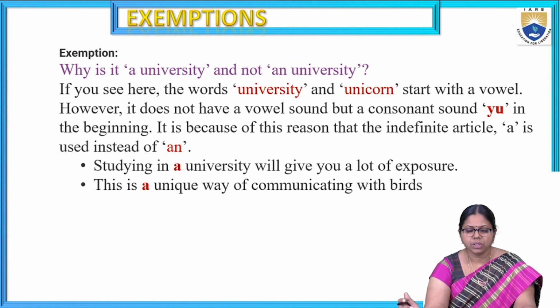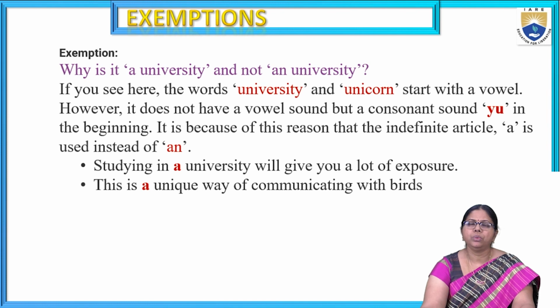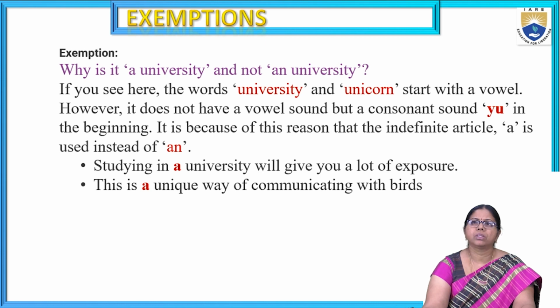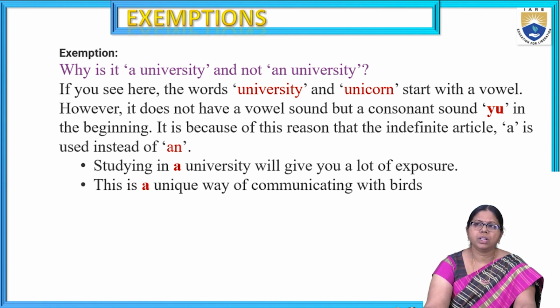If you see here, the words university and unicorn start with a vowel letter. However, they do not have a vowel sound but a consonant sound. When you pronounce these two words, university and unicorn, the sound you get at the beginning of the words is the ya sound. So ya is a consonant sound. That is the reason why we use a instead of an.